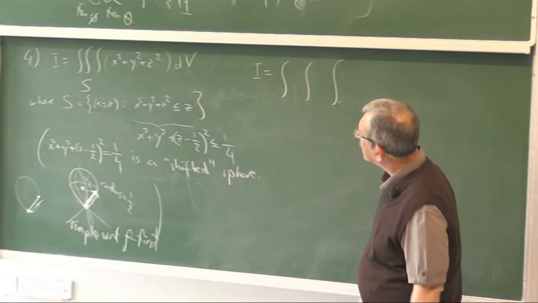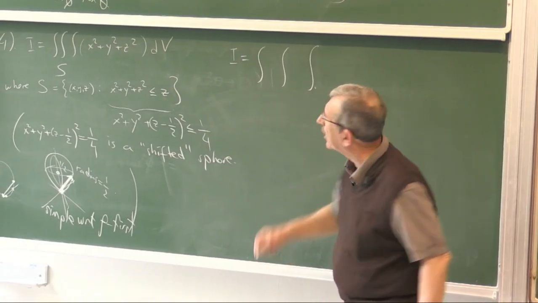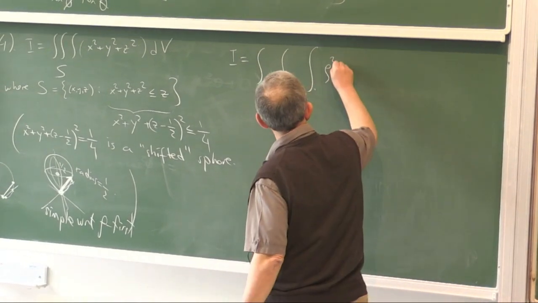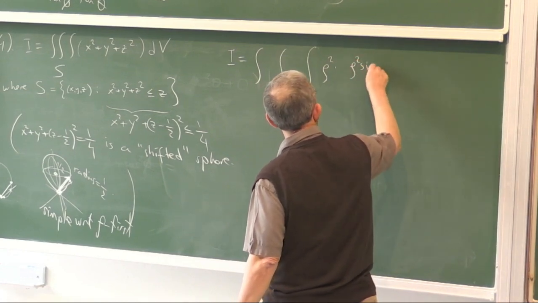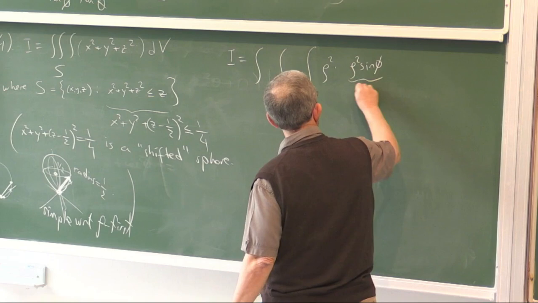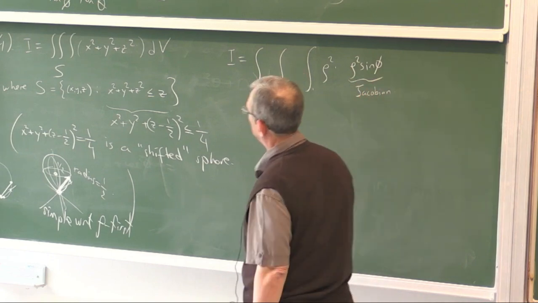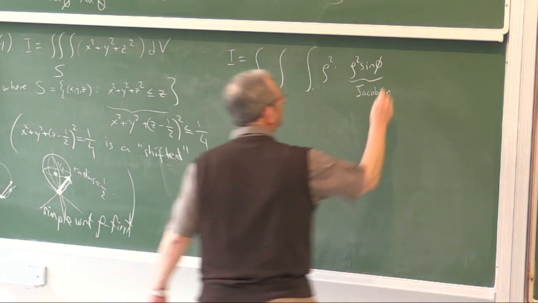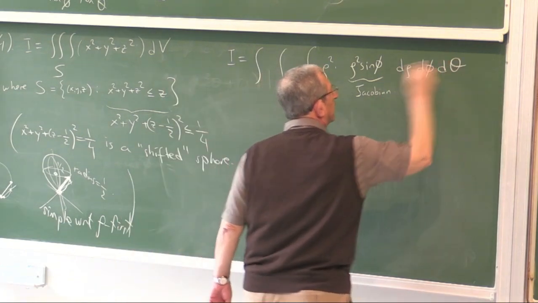Well, in spherical system, of course, this x squared plus y squared plus z squared is nothing but rho squared. And we have the Jacobian. And then we have d rho, d phi, d theta.